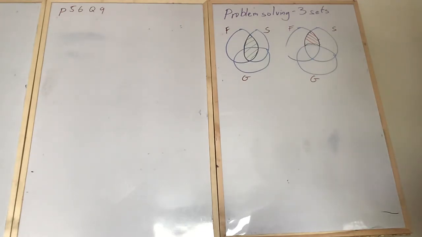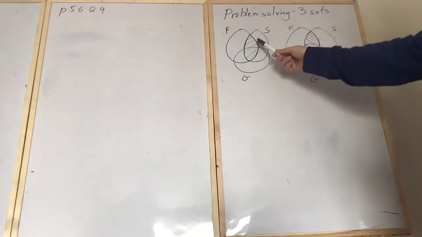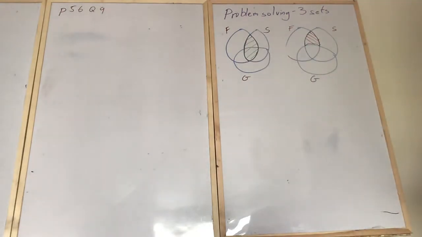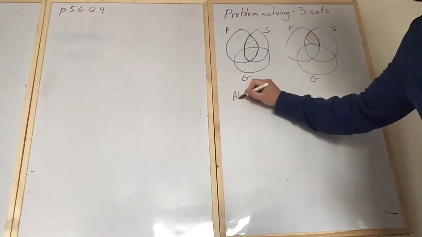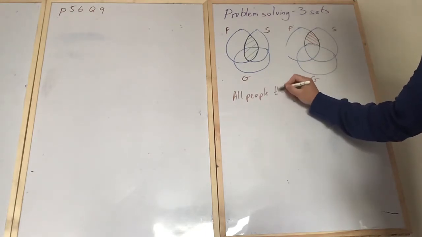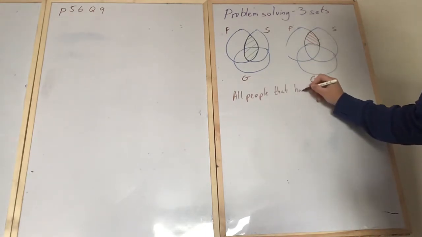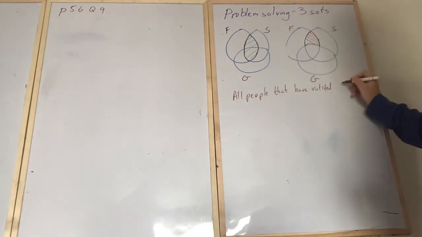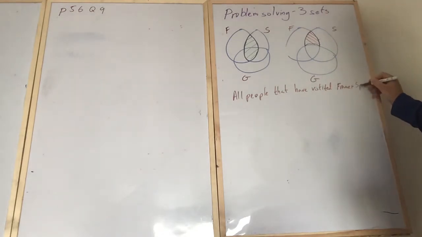But what people will say is this first one is anyone who has been to both France and Spain, including people that have been to Germany as well. So all people that have visited France plus Spain.